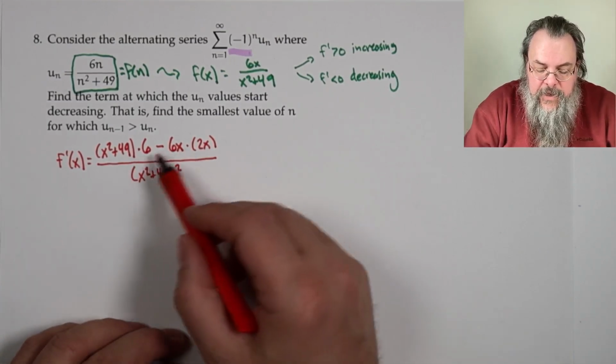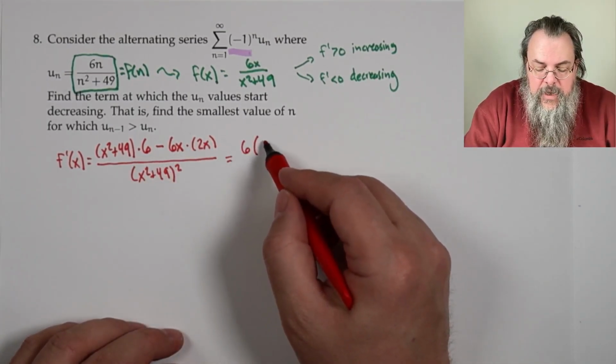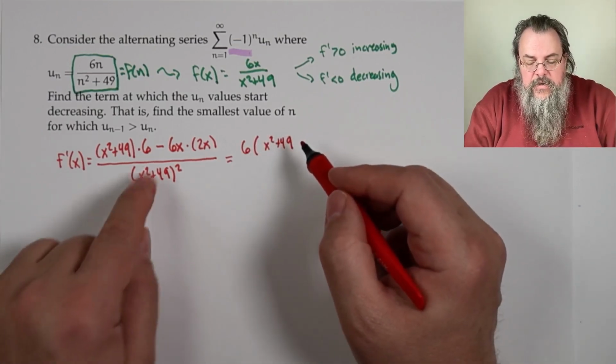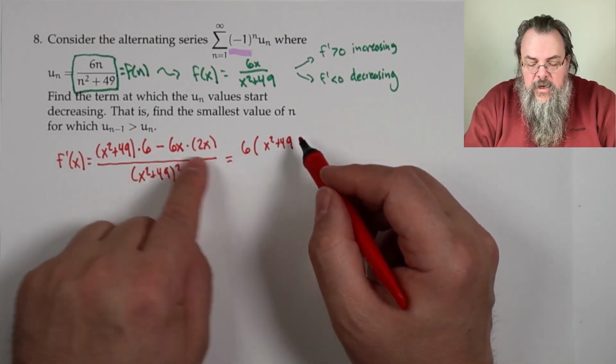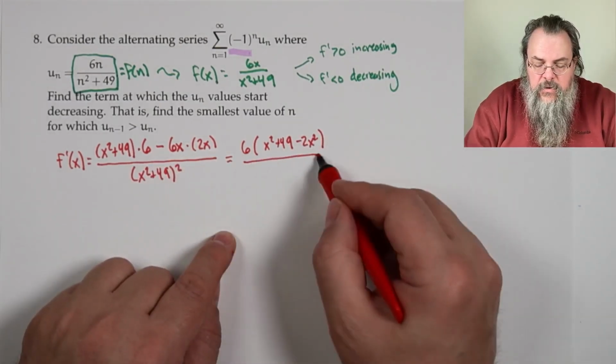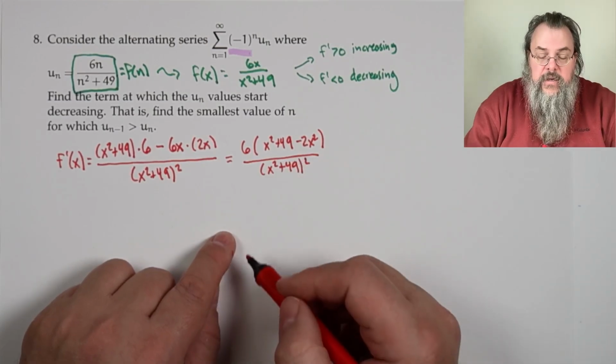Well, we can certainly factor a 6 out on the top. Might as well do that. And then we have our x squared plus 49, and then we subtract x times 2x, which is 2x squared, over x squared plus 49, quantity squared.